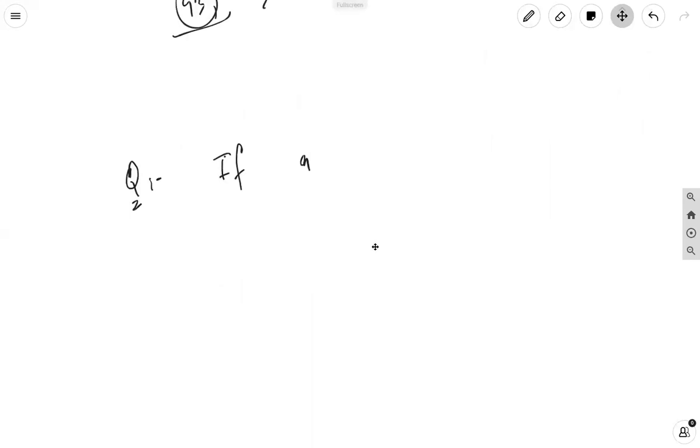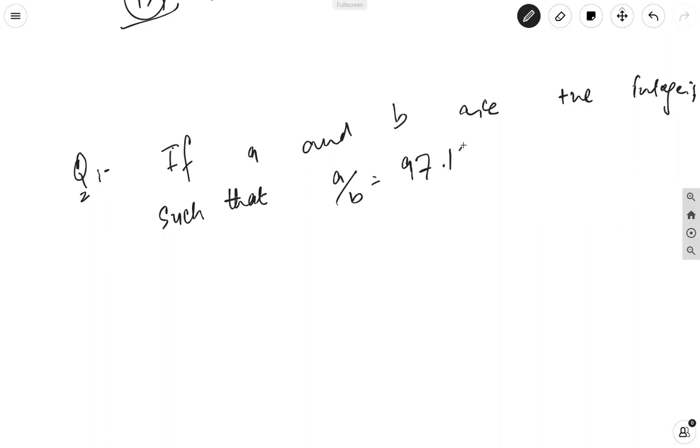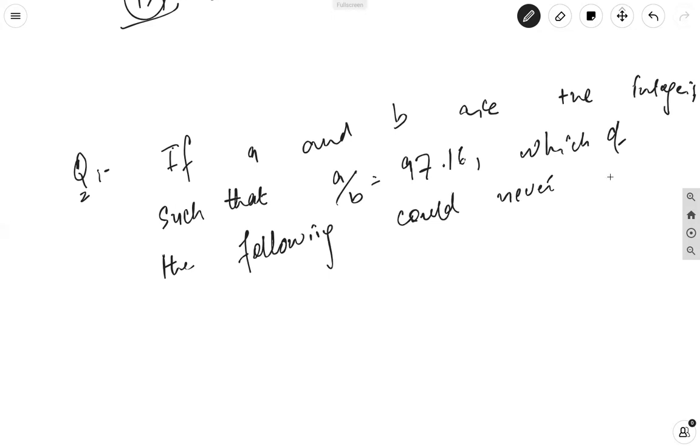The next question: if A and B are positive integers such that A over B is equal to 97.16, which of the following cannot be the remainder when A is divided by B?